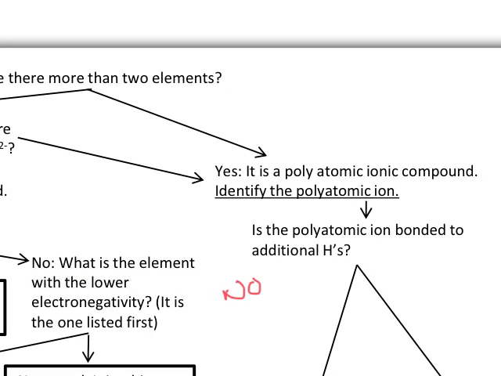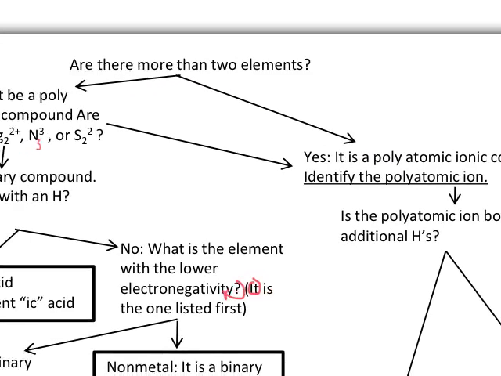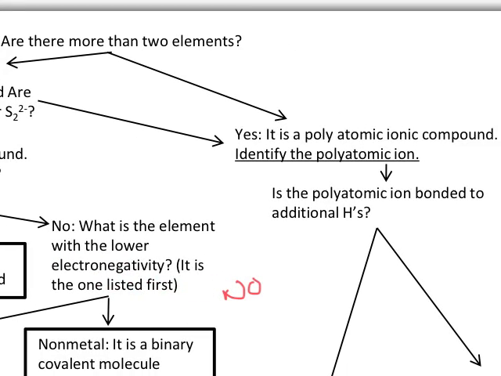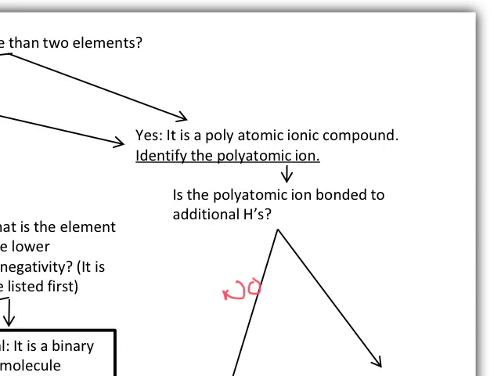Either you have more than 2 elements, so 3 or more elements, that's going to send you here, or you've got one of these 4 really annoying things, and we talked about how to identify those using the charge. So either case, you're over here, and you now need to, whether you've memorized it or you found it off the list, identify the polyatomic ion.